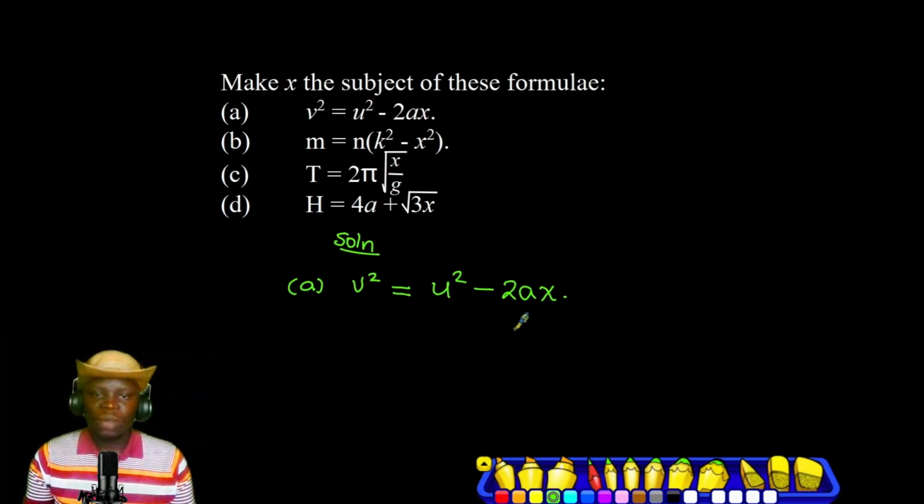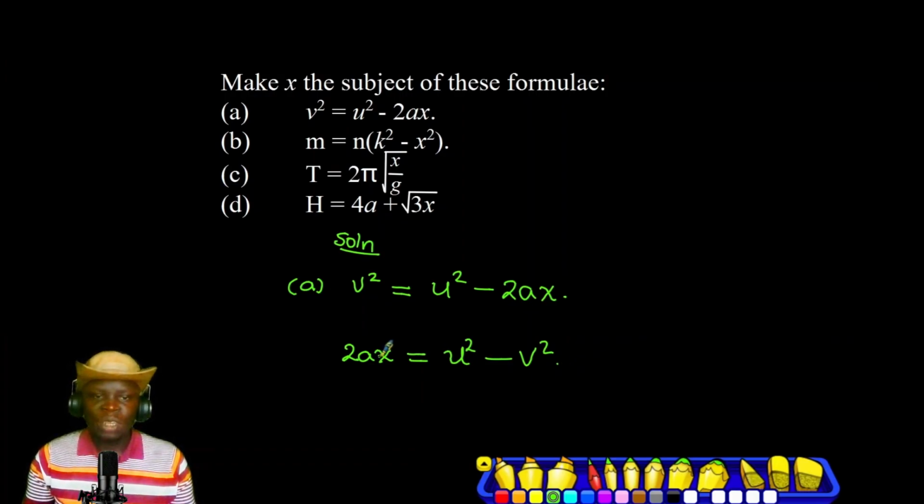So we need to take this term to the left hand side, then we'll be left with this term and join our v to the right hand side. So let's implement that, and we have 2ax equals u squared, which has not gone anywhere, so we copy it here. Then we join v squared on this side, and we have that.